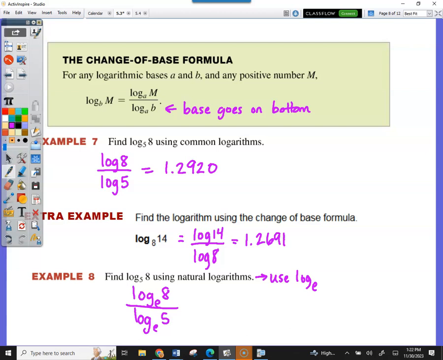Okay, log base E of 8 over log base E of 5. What is log base E? It's ln. So that's ln of 8 over ln of 5. Now you can type that in your calculator: ln 8 divided by ln 5.